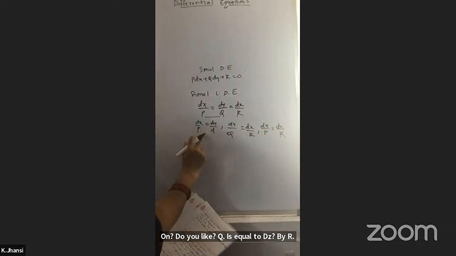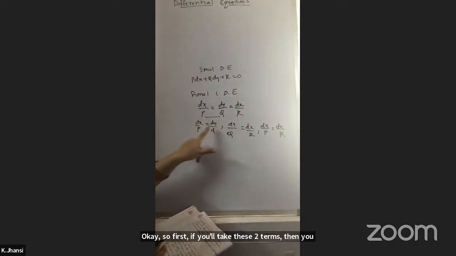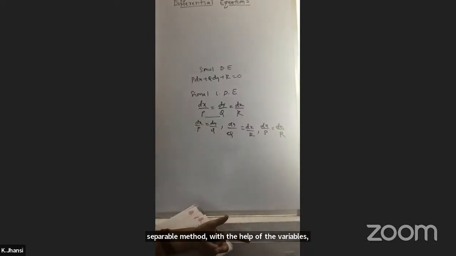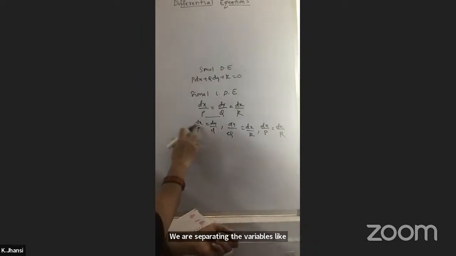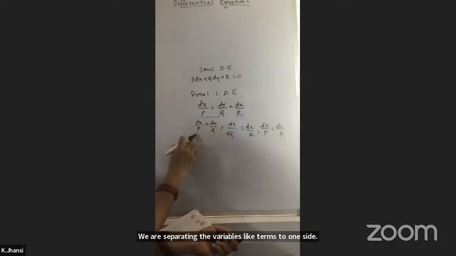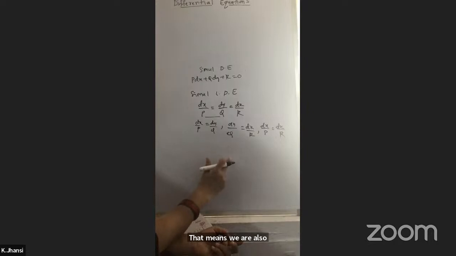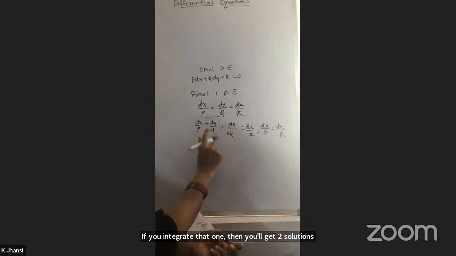If you take these 2 terms, you have to apply the variable separable method. What is the aim of the variable separable method? We are separating the variables, like terms to one side. So Q dx equals P dy. That means here the y term will be there, here the x term will be there. When you do the cross multiplication and separate the variables, if you integrate that, then you will get 2 solutions. First, if you take these 2 terms, you will get 2 solutions.